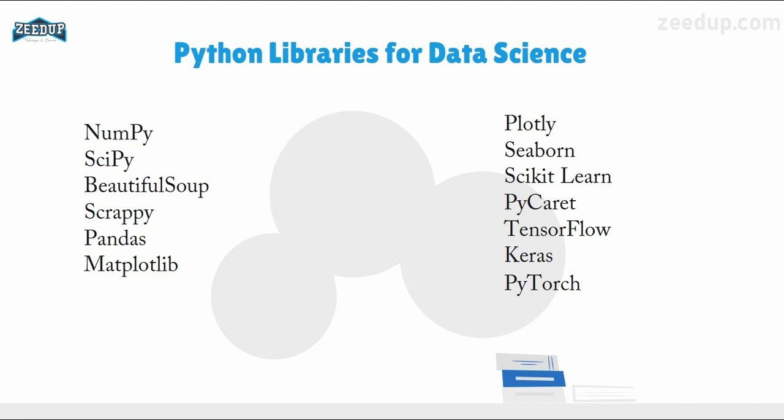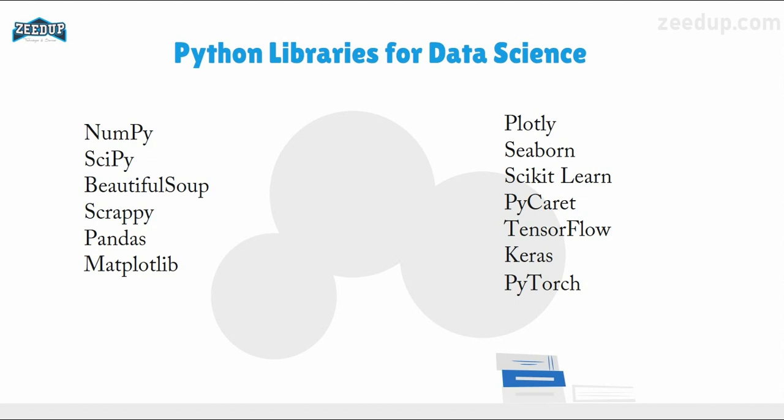Beautiful Soup is another library that helps you to enable web scraping from HTML and XML documents. Scrapy is a Python framework for large-scale web scraping. Pandas is a data exploration and data visualization library. It can also be used for data analysis.